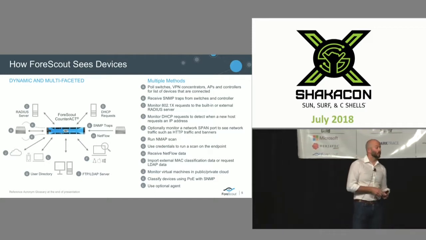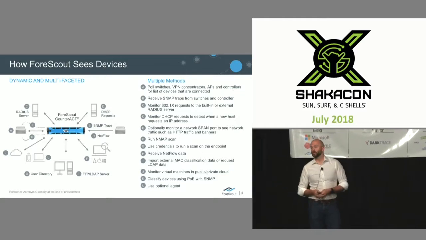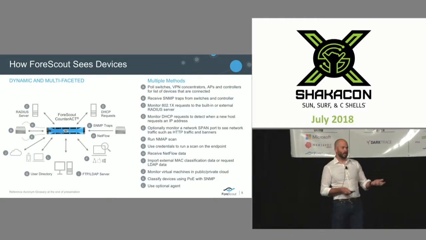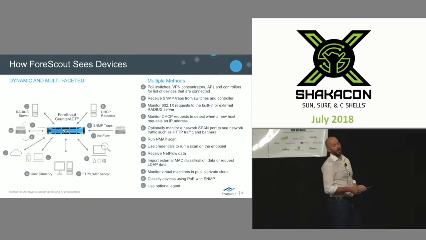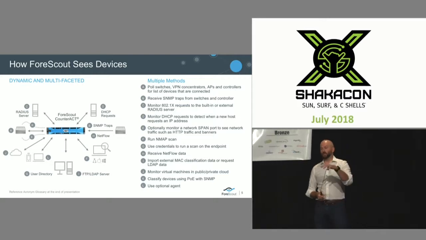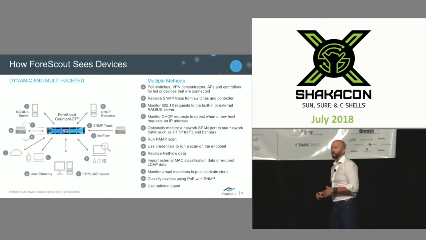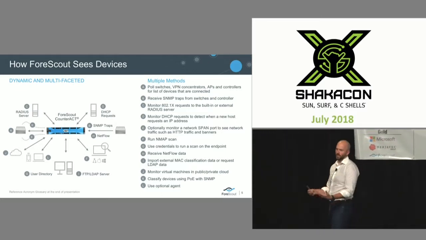Anybody that writes a signature, we upload it, scrub it, QA it, and we make it available to all customers. So we went from roughly 60% accuracy in classification of an endpoint up to 90% now as soon as we plug into the network. So we're classifying the devices right out of the gate using this cloud platform, which is only getting enriched as time goes on.